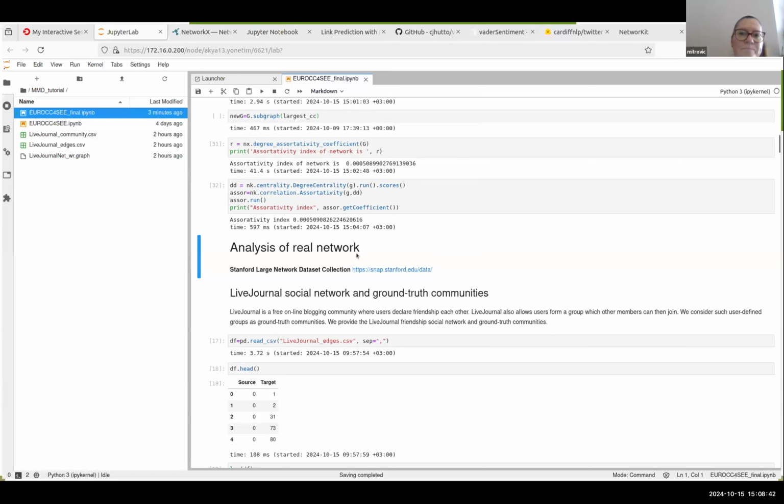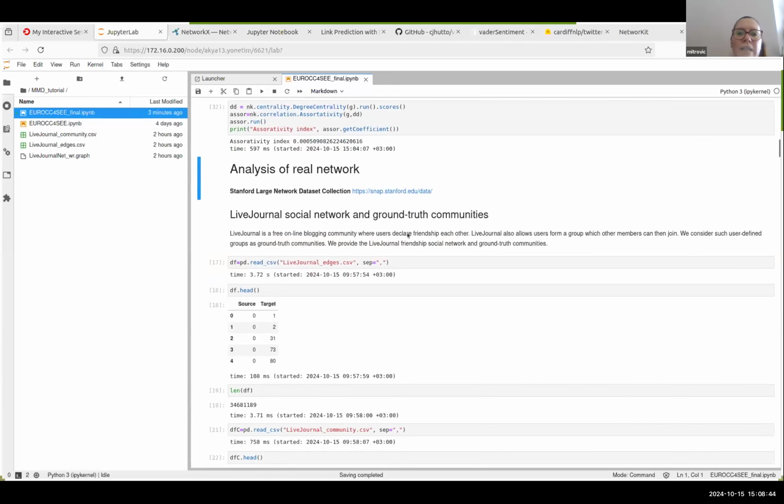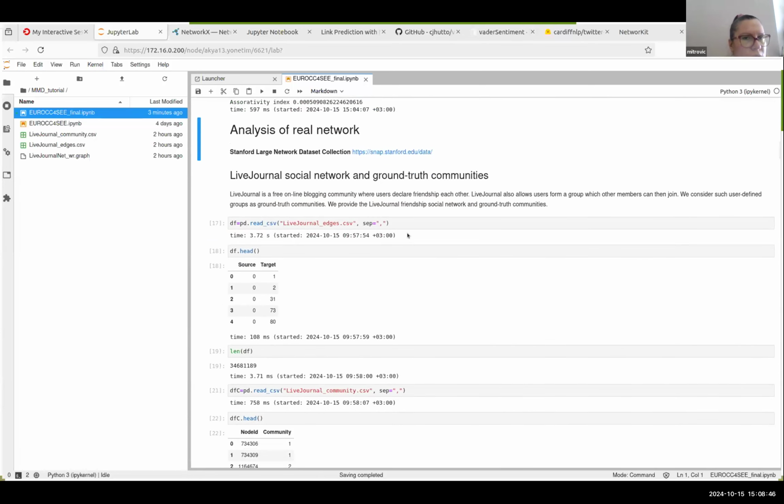Okay, thanks. What I wanted to show you now is how you can use NetworKit to analyze one social network. I will show you how you can find communities, because there are tons of community structure algorithms, a really large number of them.